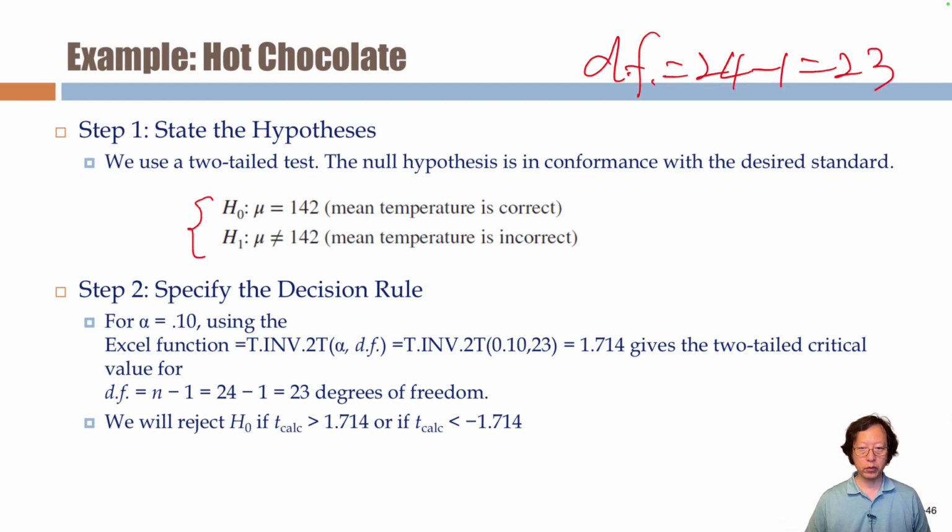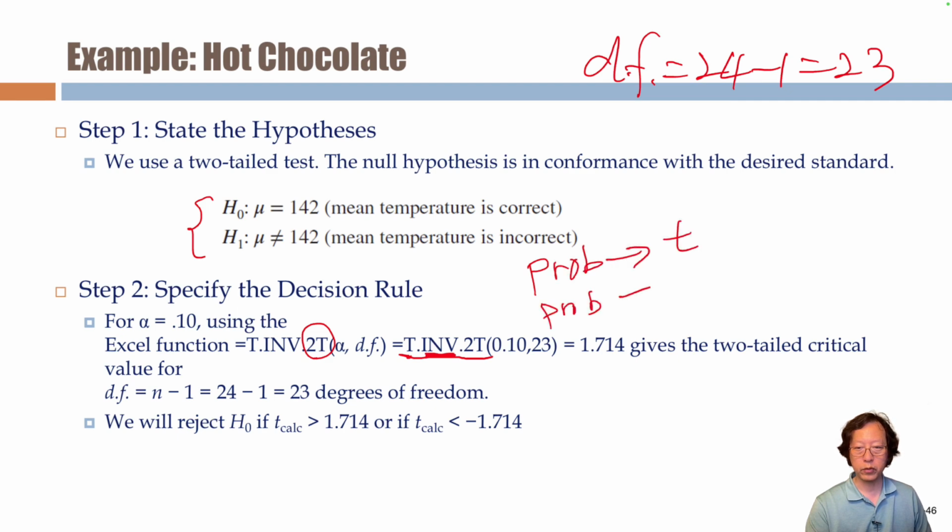In the Excel function, this is the inverse. The 2T means it's a two-tail. So T.INV.2T takes a probability as input.